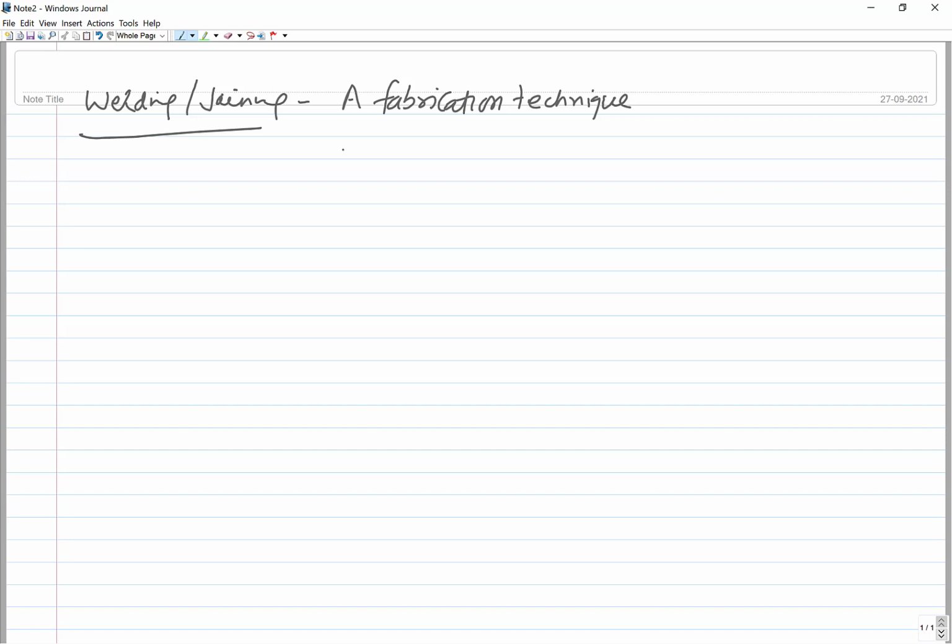So the one main objective of using welding or joining is to realize the desired complex shape geometries which are not otherwise doable using the conventional processes like casting, machining or forming.